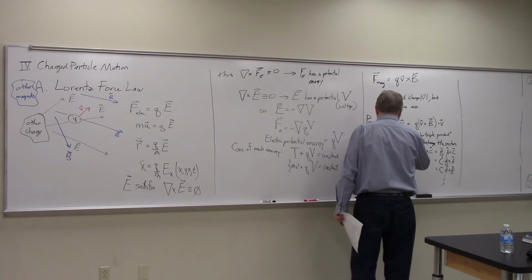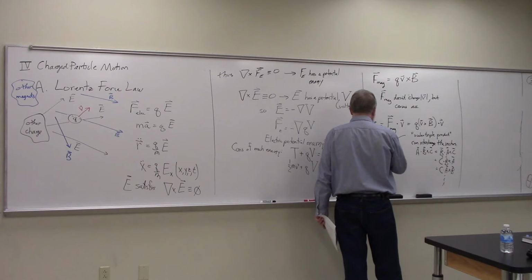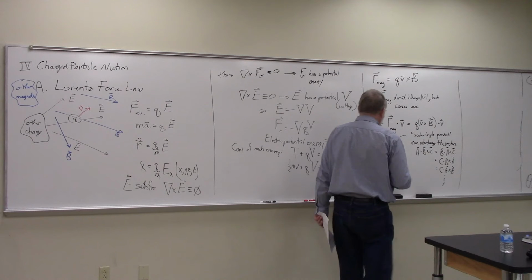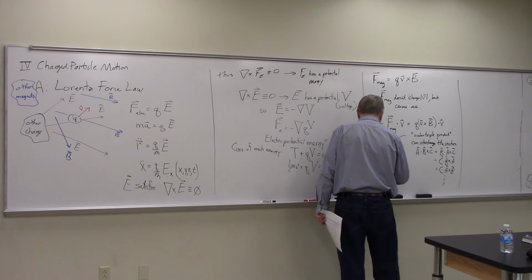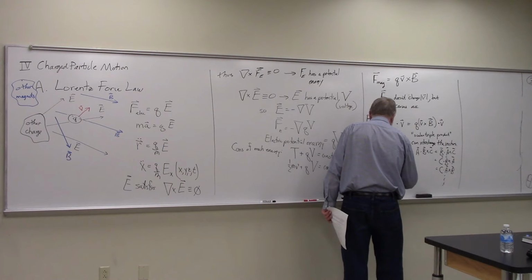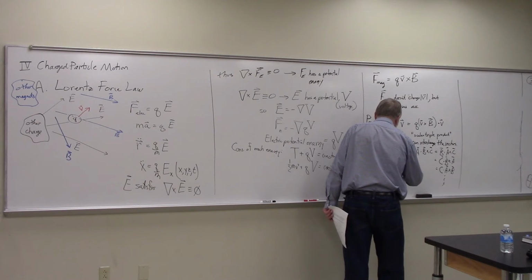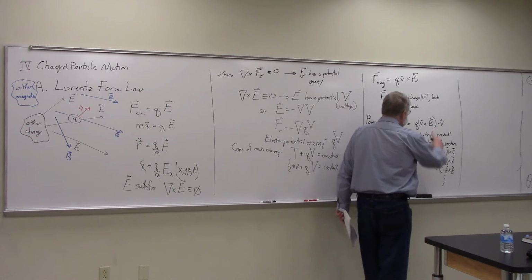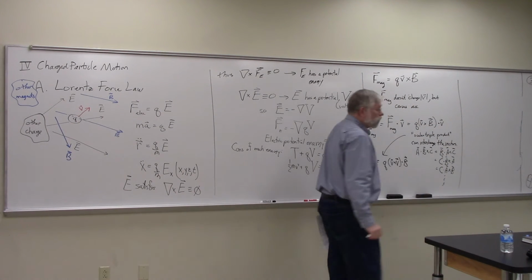So my magnetic force dotted into V, the power that the magnetic field is delivering to that charge, could be written as Q V cross V dot B. All right, interchange those two. Well, what's V cross V?